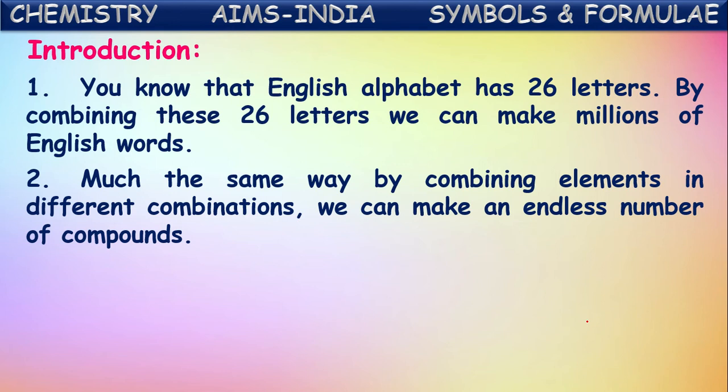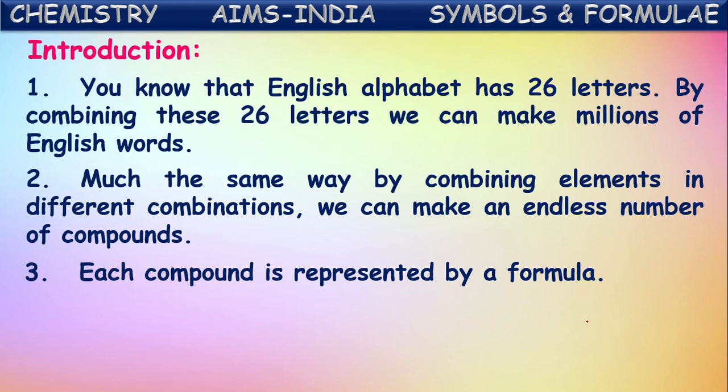There are crores and crores of compounds available, but all are from those 118 elements only. So each compound is represented with a unique formula. Just as elements are given their unique symbols, in the same way compounds are given a shortcut notation, which is called a formula.